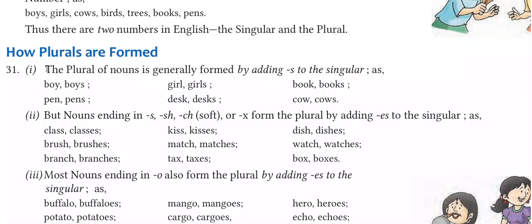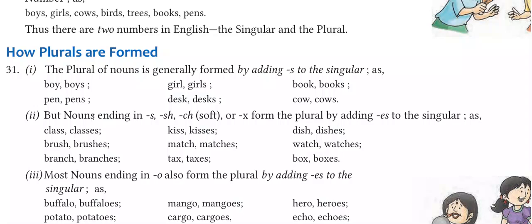Rule number one: the plural of nouns is generally formed by adding s to the singular. How? Boy becomes boys, pen becomes pens, girl becomes girls, desk becomes desks, book becomes books, cow becomes cows.